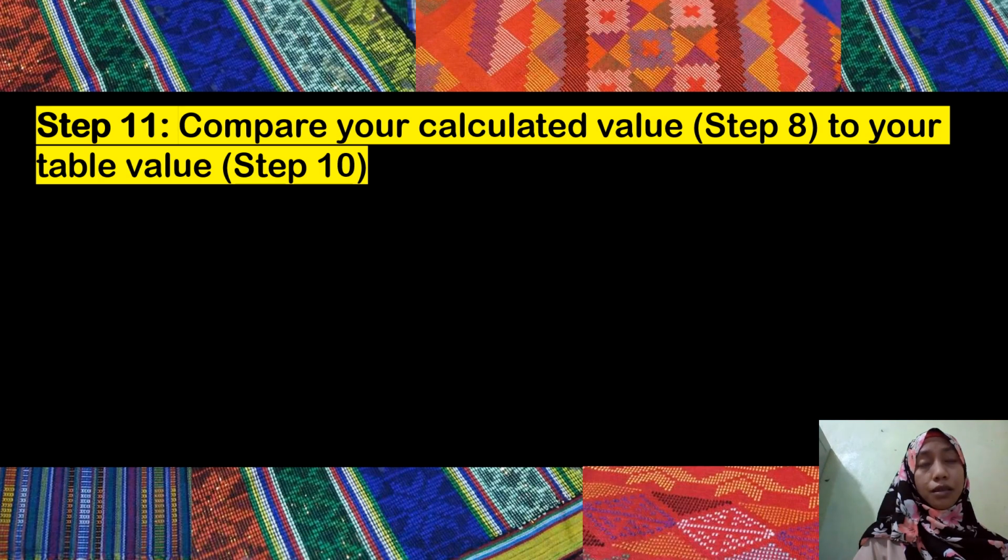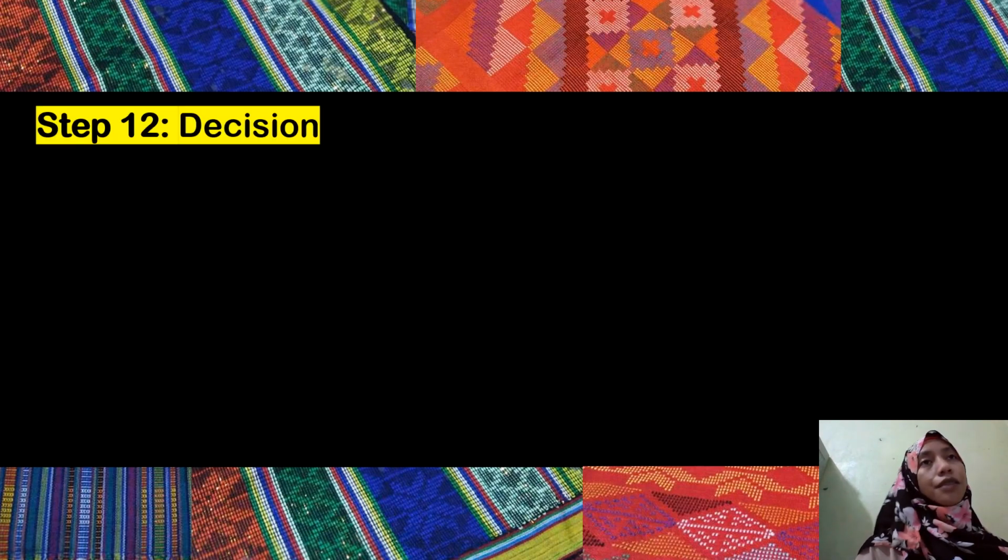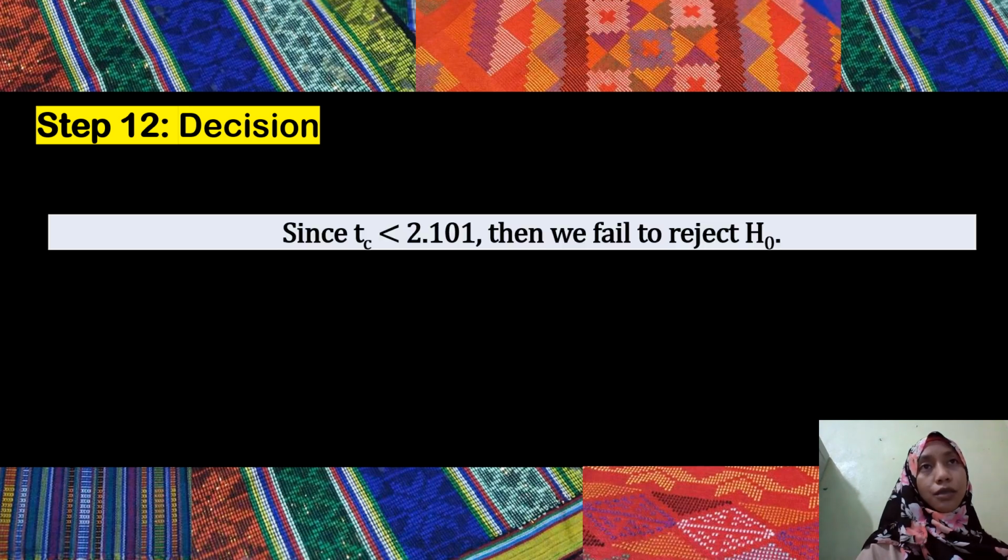Step 11 is to compare your calculated value, which is found in step 8, to your t-value or table value, which is found in step 10. So the calculated value of 0.22 is less than the cutoff of 2.10 from the table. Thus, we go to step 12, which is the decision.